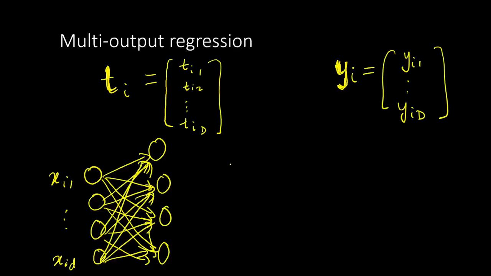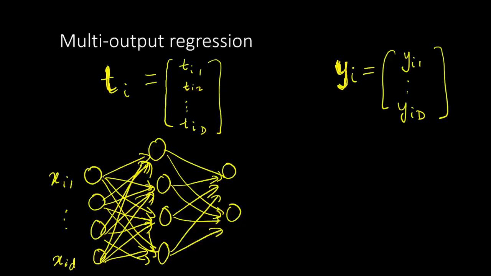Then we have yi1 and yi2. There are two outputs now, and each of the neurons in the hidden layer and the output layer has one bias each. So this is yi1 and this is yi2 for the ith input.